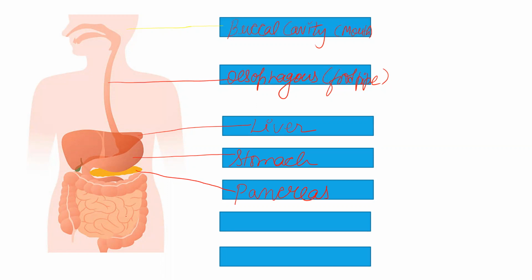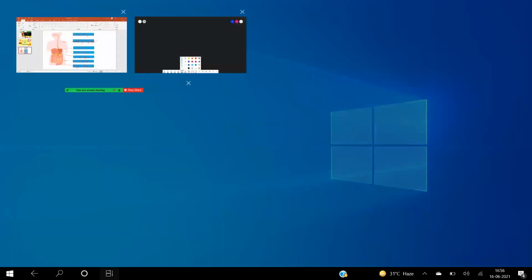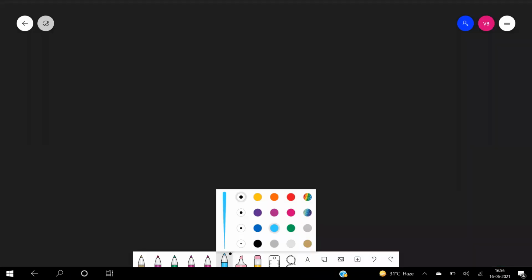Then we have the small intestine and the large intestine. This is the large intestine. So we will study each and every organ in detail, why they are present in our body. Each and every cell has its own function, and if they are not doing their function properly, then your body will remove those cells.